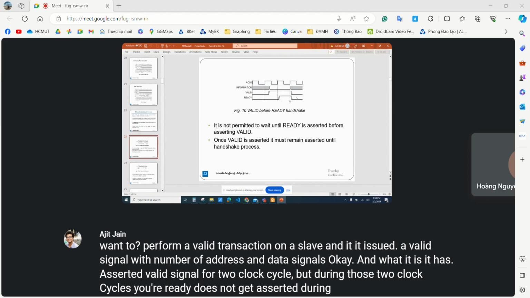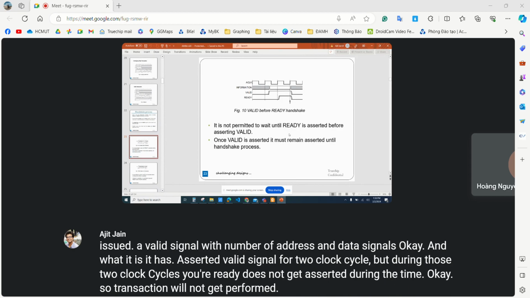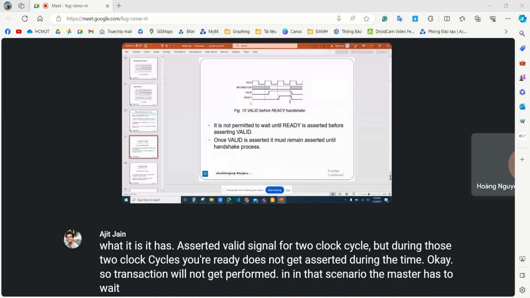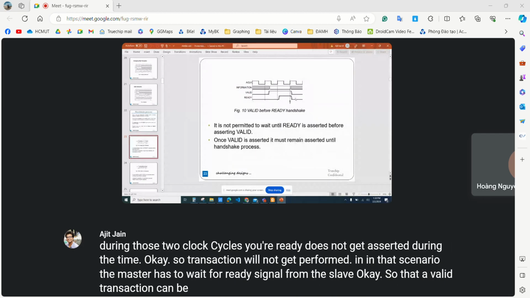Then the transaction will not get performed in that scenario. The master has to wait for the ready signal from the slave, so that a valid transaction can be performed. In short, this is the only scenario where the handshake will get performed.